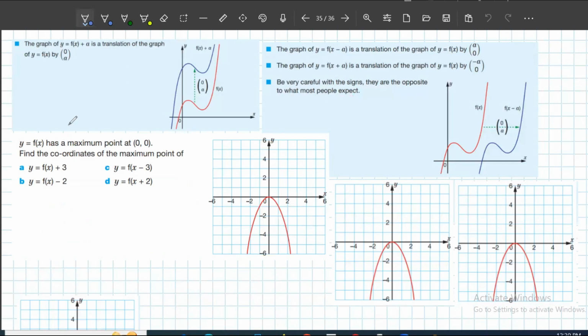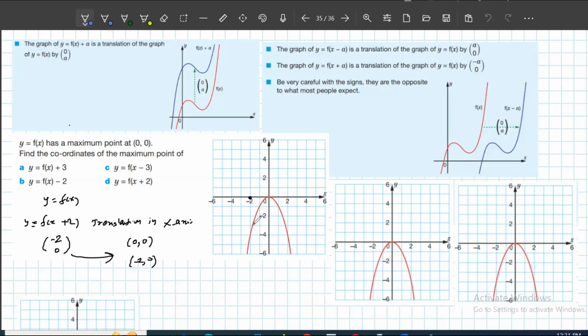For the last one we have y is equal to f of x, and now y is equal to f of x plus 2. So we know that this is translation in the x-axis, and the translation vector is, remember, the opposite of this sign, so (-2, 0). Once you apply it, our maximum point is (0, 0), and by applying this translation vector it would be (-2, 0), meaning your new point is (-2, 0) here.